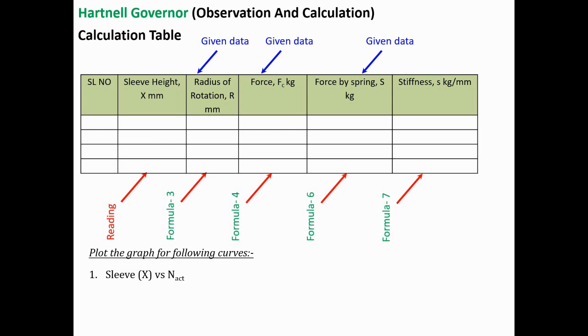Stiffness is calculated using formula number 7. Finally, after calculating all these parameters for all values, we have to plot the graph of slip displacement versus actual speed.